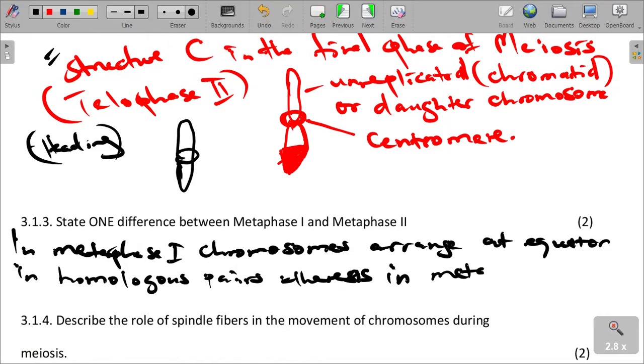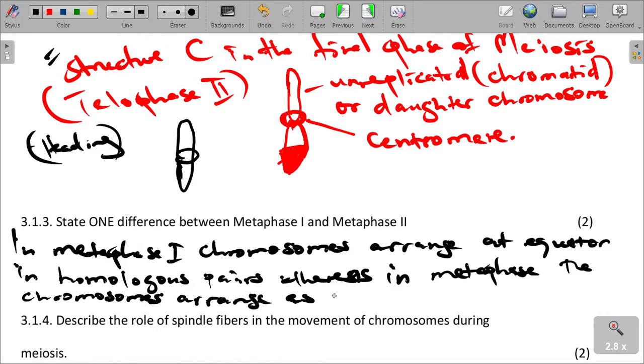Whereas in metaphase 2, chromosomes are arranged as singles. That is one thing that we need to take note of when it comes to these diagrams or this meiosis process.